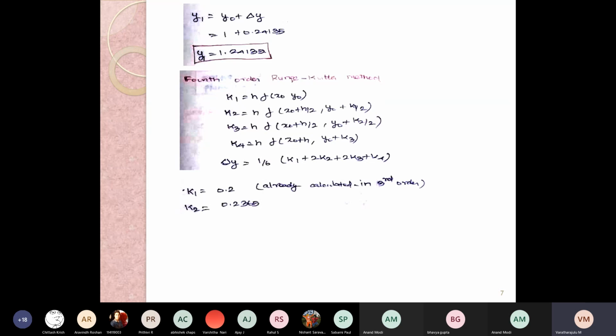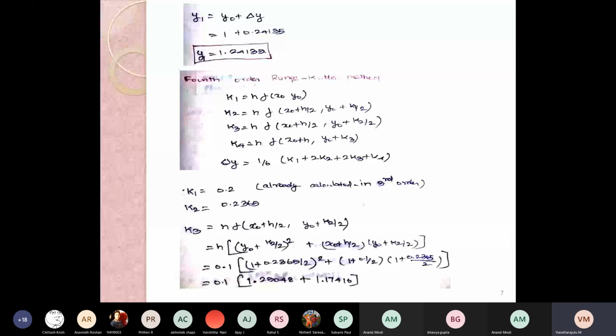K3 is equal to, where we are going to adjoin the h by 2 and k2 by 2 over the x and y values.